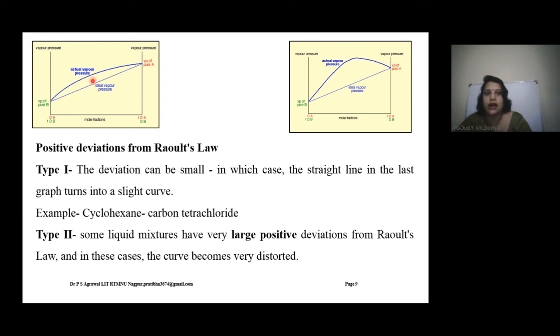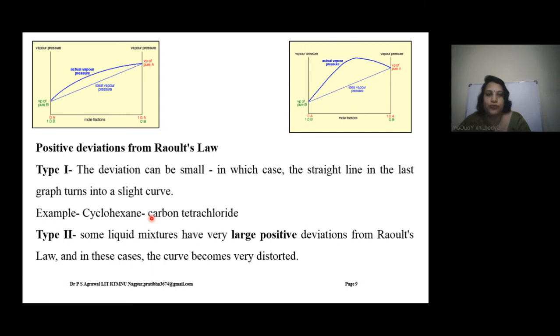We can notice that the highest vapor pressure anywhere is still within the vapor pressure of pure A. Whatever may be the vapor pressure, it will be below the vapor pressure of pure A. It will always remain within it where the deviation is small. It behaves just like an ideal mixture. As far as the distillation process is concerned, such a type of mixture behaves just like ideal.